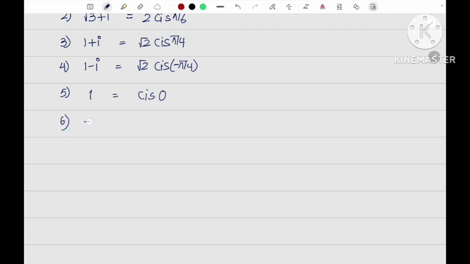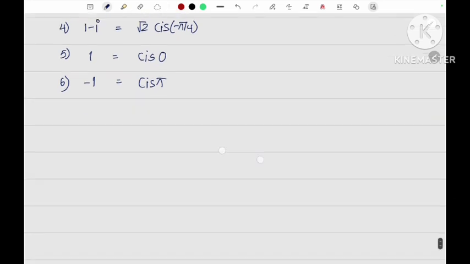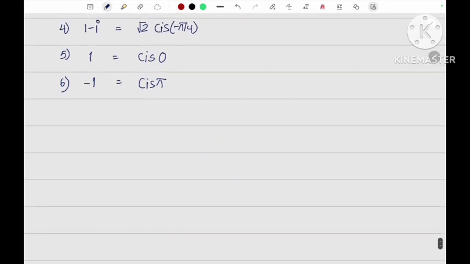What is minus 1? Minus 1 is nothing but cis pi. I have extensively explained this in previous classes, how to convert polar to rectangular coordinate system, and how to convert from Cartesian to polar coordinate system.